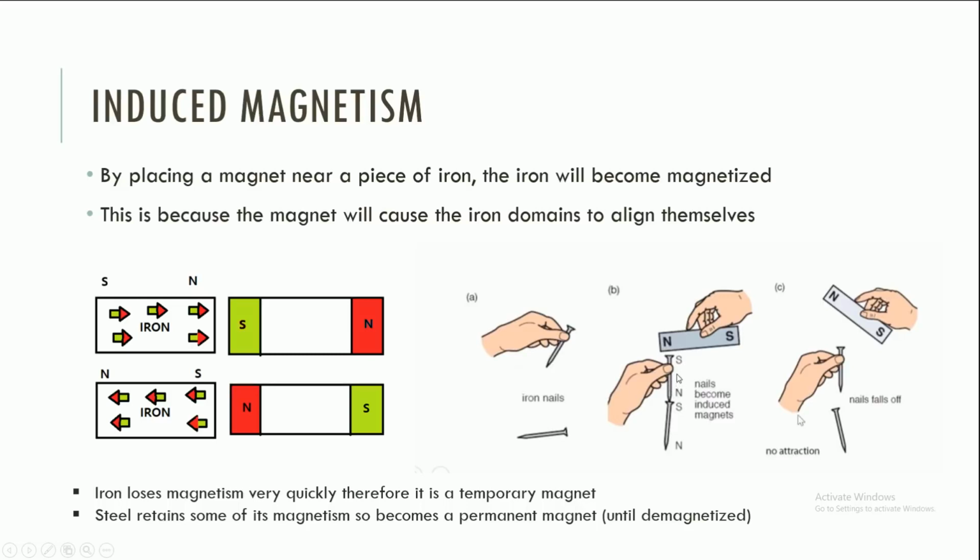So once you magnetize steel, even after you detach the permanent magnet away from the steel, it will still have some sort of magnetism left unless you demagnetize it by, you know, hammering it or whatever. We'll take a look at demagnetizing things later. But the idea is steel can retain magnetism and become a permanent magnet, whereas iron will only be a temporary magnet because it always loses its magnetism very, very quickly.